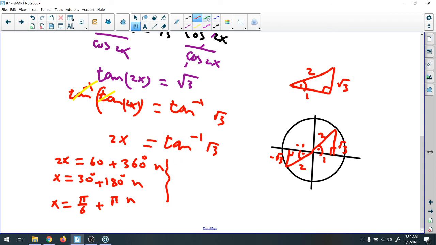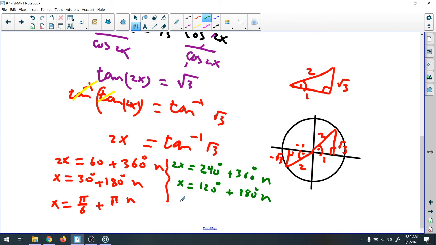Let's change the color. 2x equals 180 plus 60 is 240 degrees, plus completed circle 360n. Then divide all by 2, then x equals 120 plus 180n.